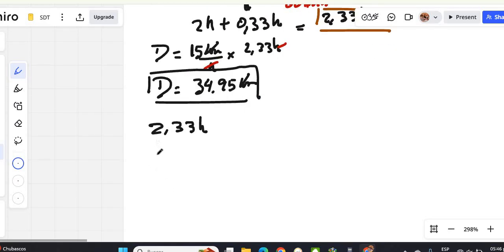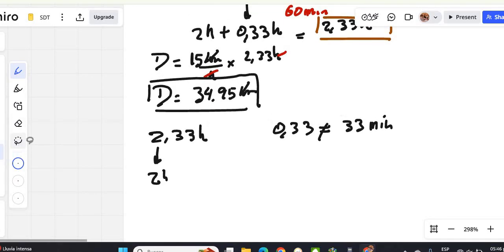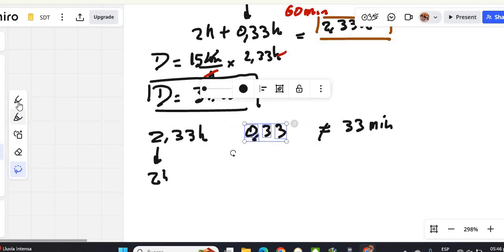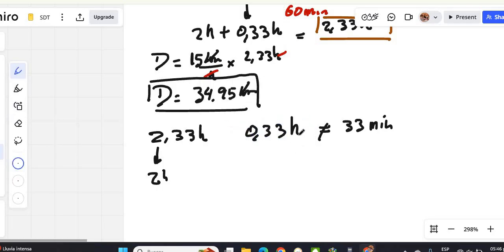Because of the 2, you know that this is 2 hours. The problem is the 0.33. The 0.33 is not the same as 33 minutes, okay? It's not the same, because it's 0.33 of a unit of hours. It's not the same as 33 minutes. In order to convert 0.33 hours to minutes, what you have to do?